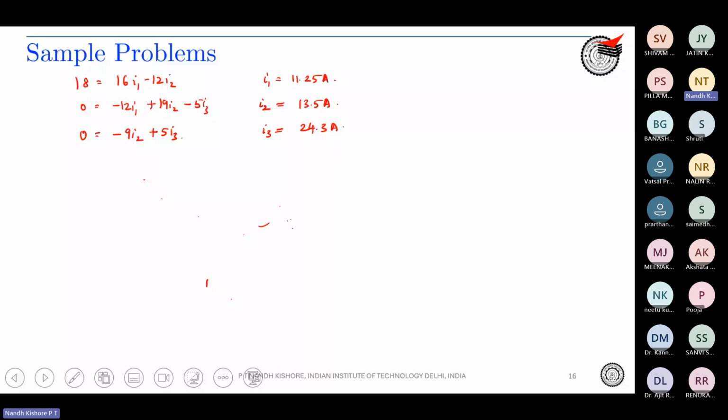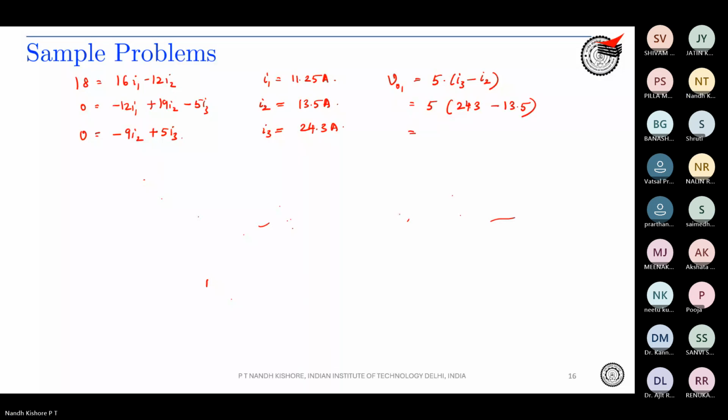So VO1 is going to be 5 into 24.3 minus 13.5, and let's use the calculator. 24.3 minus 13.5 into 4, which is 54 volt.